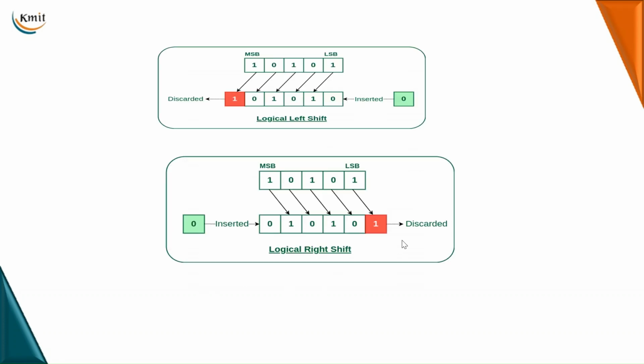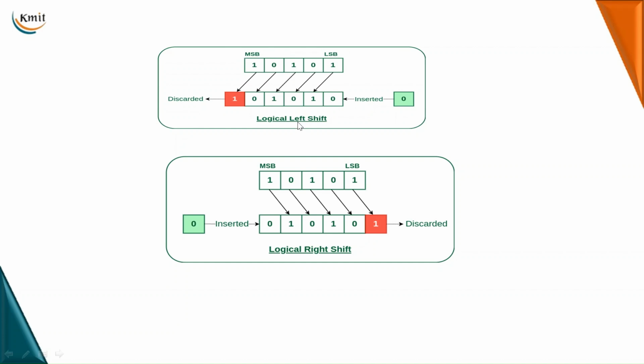If we see an example of a logical left shift, consider these are the contents of my register. I am taking a 5-bit register which stores 5 bits of information. When you look at the register, this end is called the LSB, least significant bit, and this end is called the MSB, most significant bit.